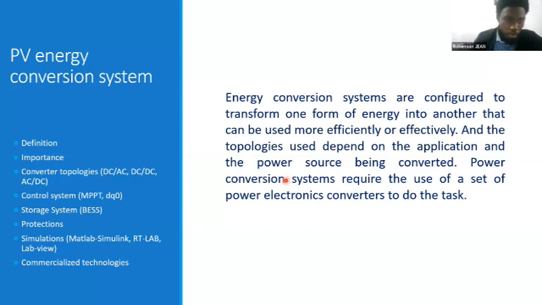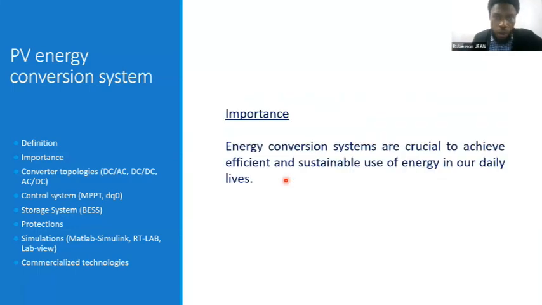Why is it important? It is very important to achieve sustainable and efficient use of renewable energy in our daily lives. So we have to design a grid energy conversion system in order to avoid losses.